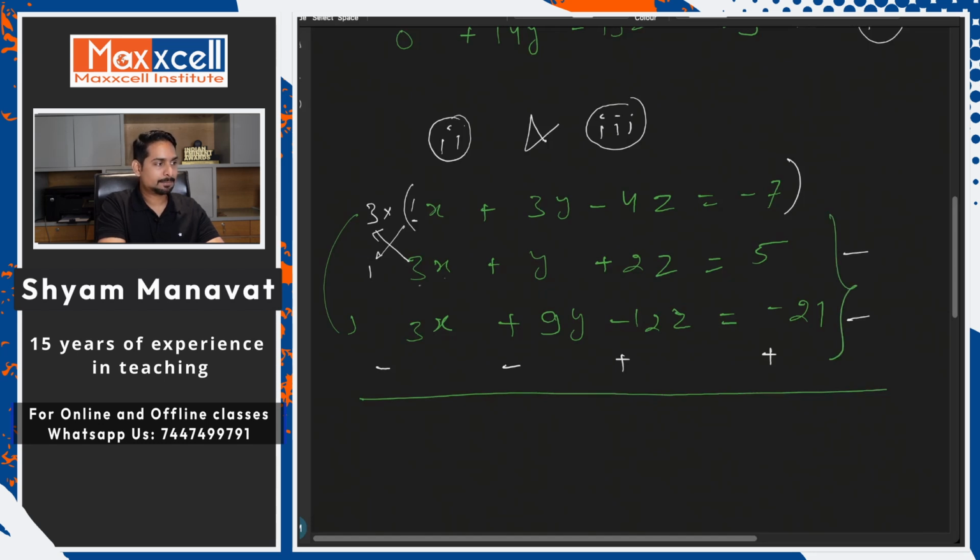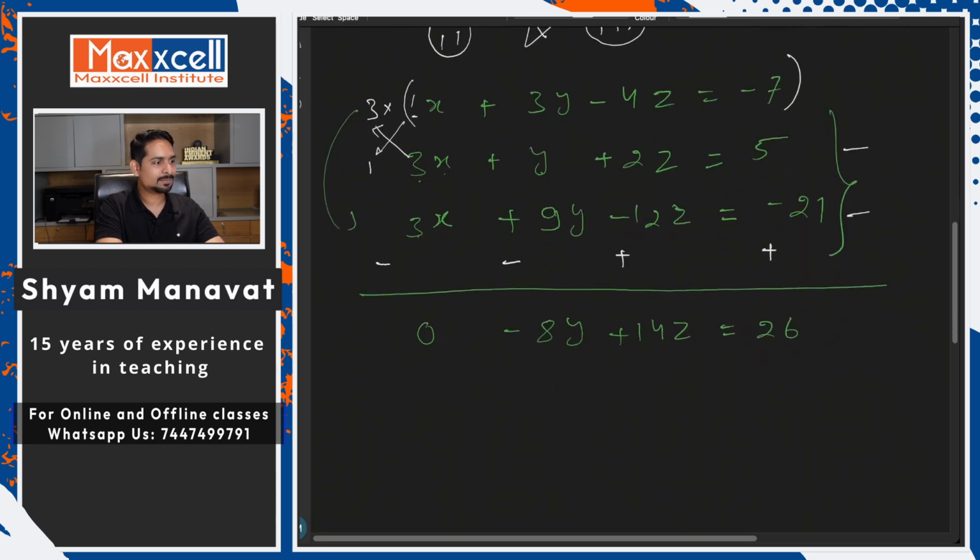So 3x minus 3x is 0. 9 minus 1, minus 9, is minus 8y, and 2z plus 12 becomes 14z, and this is 26. Alright, now let's call this equation number 5.